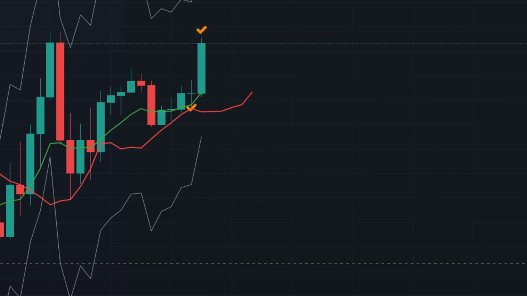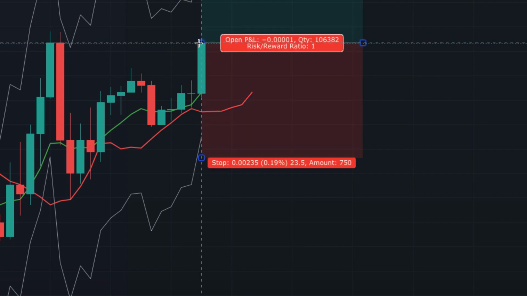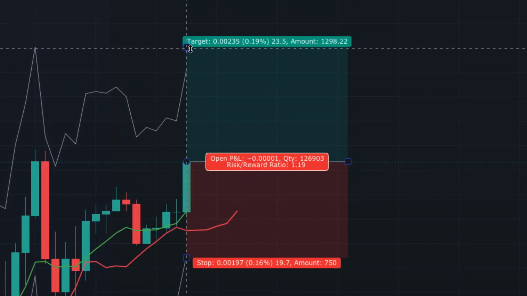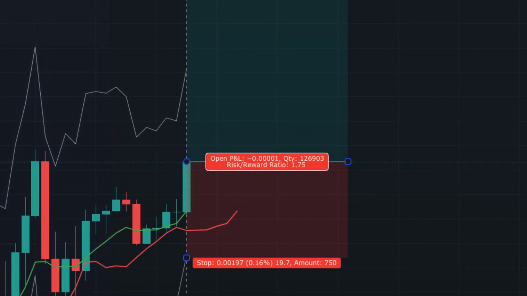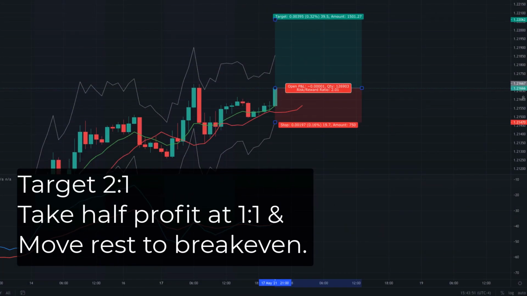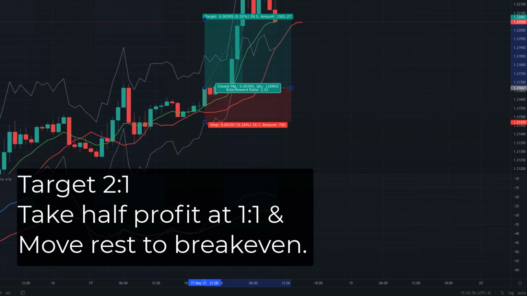And that's our trigger candle. So we are going to put our entry order in there, put our stop at the ATR band, and we are going to target 2 to 1. And let's see how this plays out. And that one is another winner.